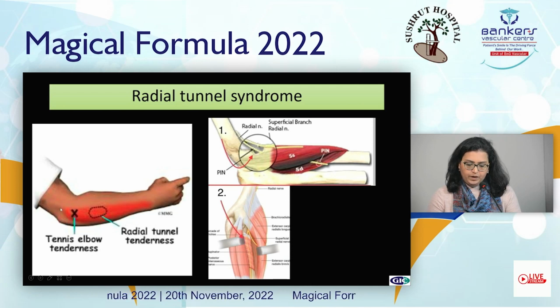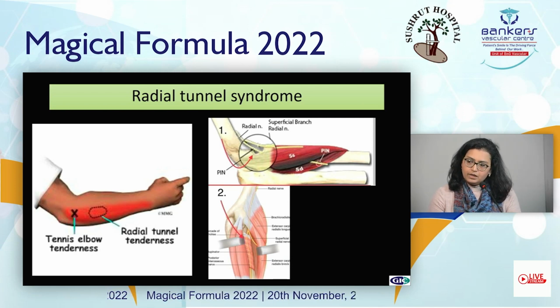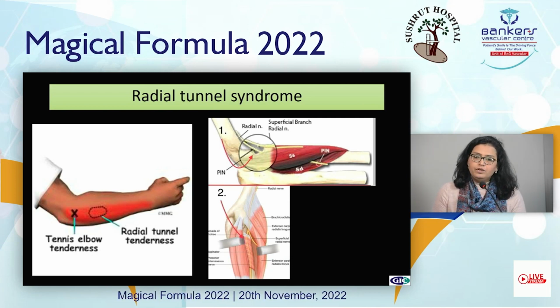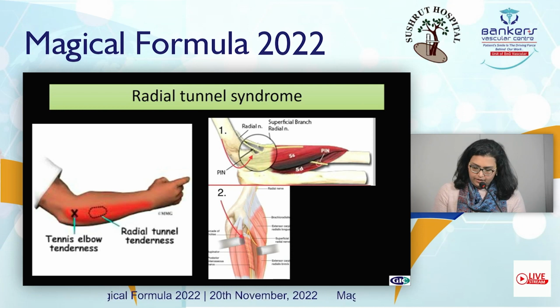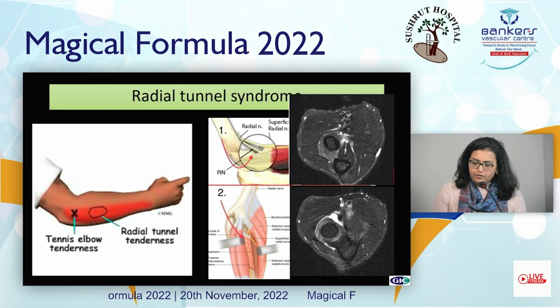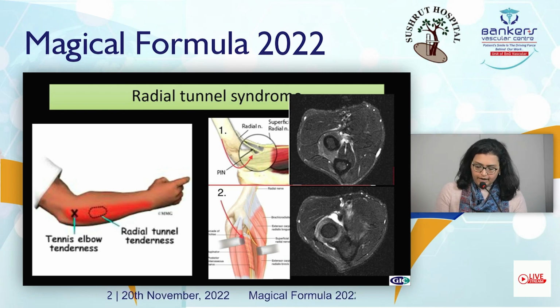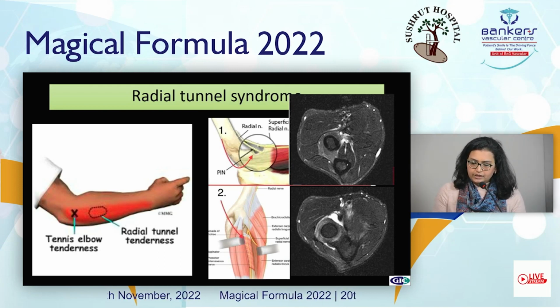The tennis elbow pain is at the lateral epicondyle, whereas this is a little more distal, wherein the nerve, as it passes underneath the septum beneath the supinator muscle, will be entrapped and will cause the lateral pain, and there will be denervation changes in the supinator muscle, which is supplied by that particular nerve. So that is radial tunnel syndrome.